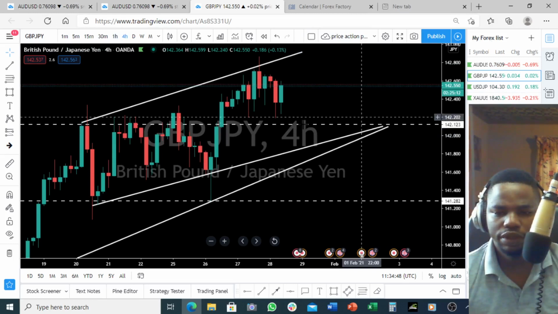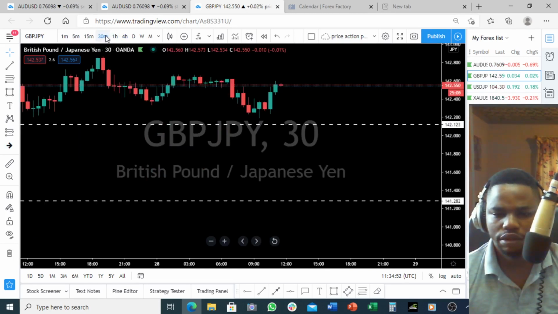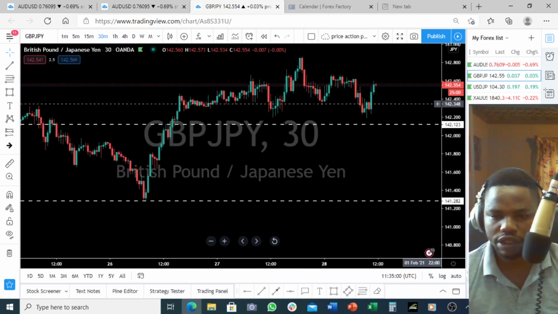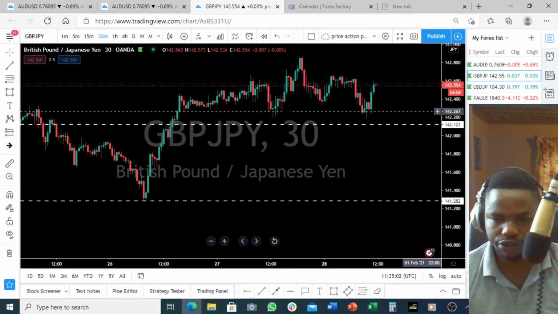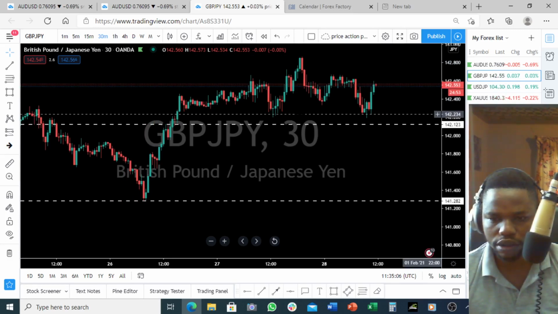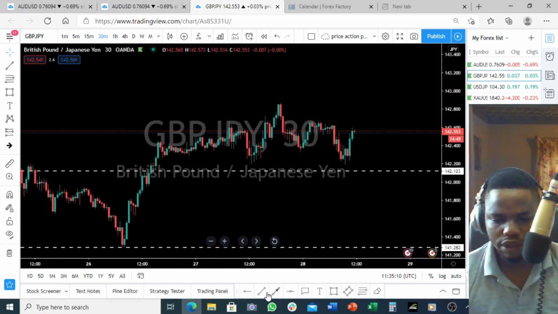So from here we'll go to M30. What is it that we see from M30? Because this is what we use to enter the trade. You can see this. So from M30, I only see support.